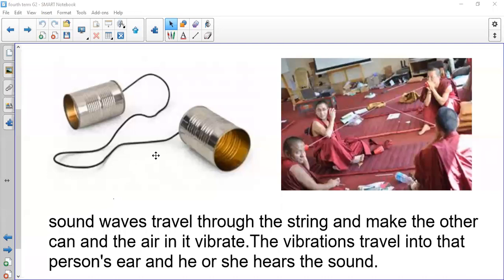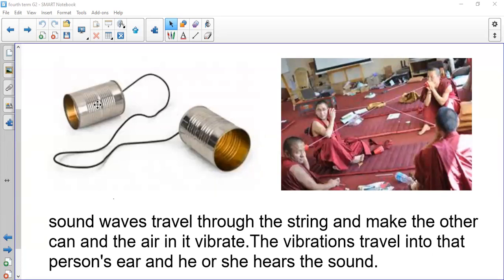So once the sound travels from this can through the string to the other can, of course, inside this can there's air. So inside this can, the air will vibrate. Once it vibrates, we can hear a sound.